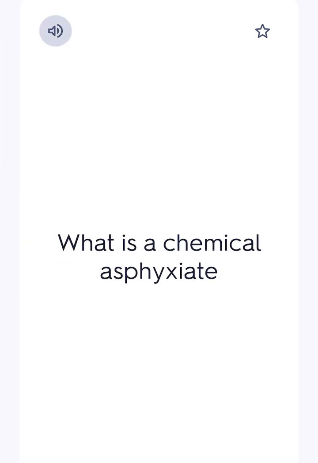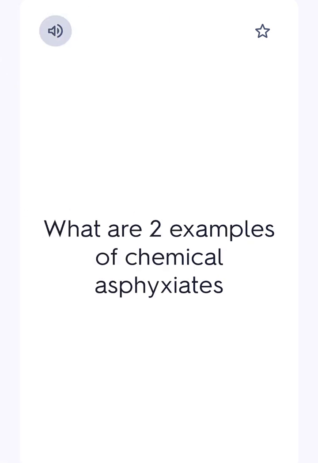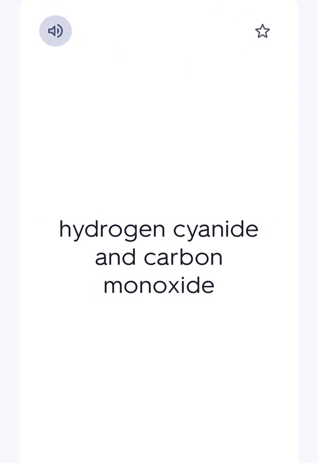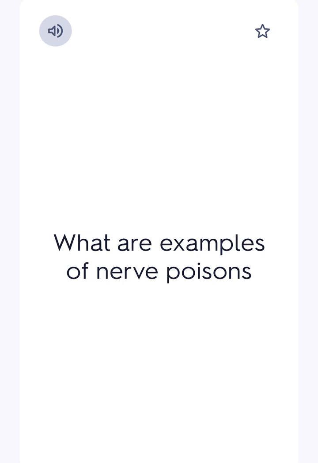What is a chemical asphyxiant? Interrupt the transport and use of oxygen at the tissue level. What are 2 examples of chemical asphyxiants? Hydrogen cyanide and carbon monoxide. What are examples of nerve poisons?